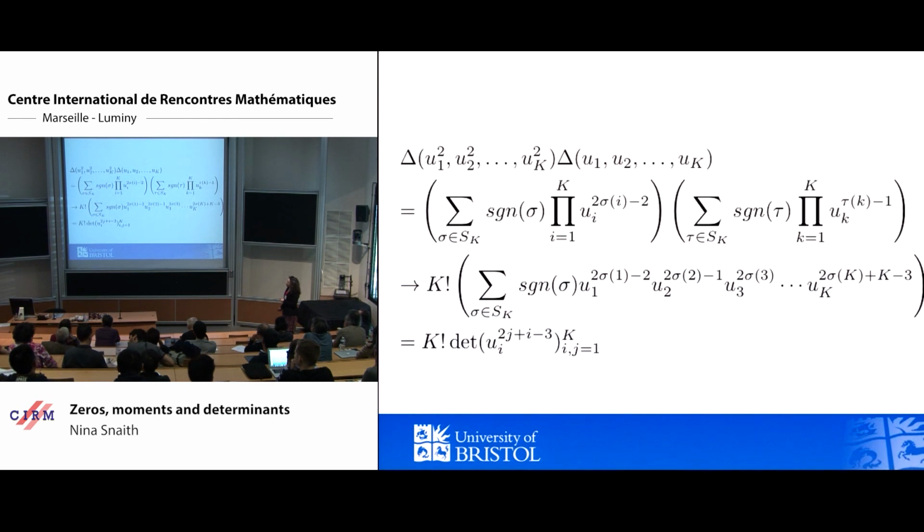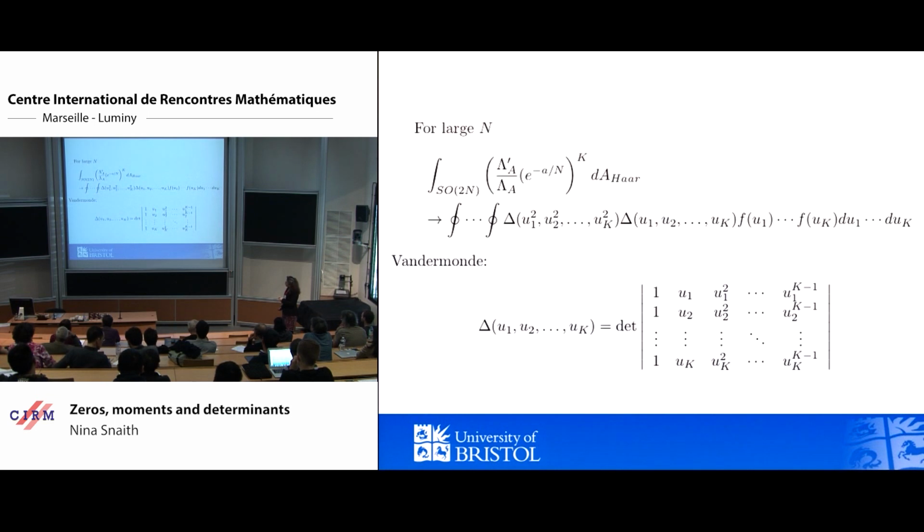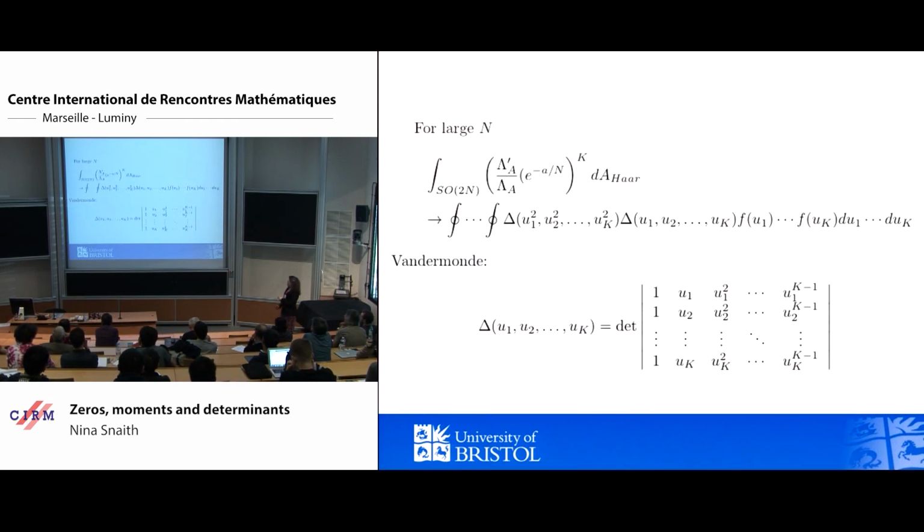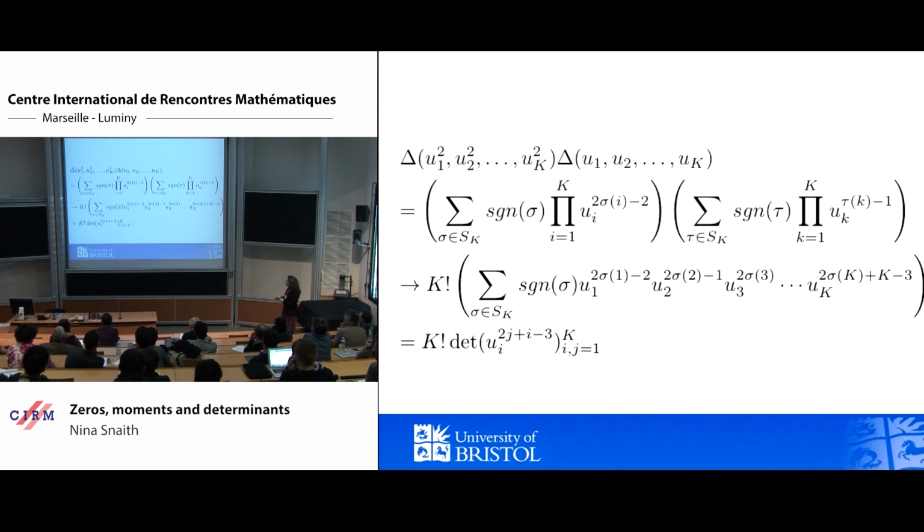So we have permutations of the numbers 1 to k, the sign of the permutation, and then these are just the powers that occur in each of our columns. And this is the same thing, expanding this determinant using the permutation sum, where these are now just the powers of u that appear in here.